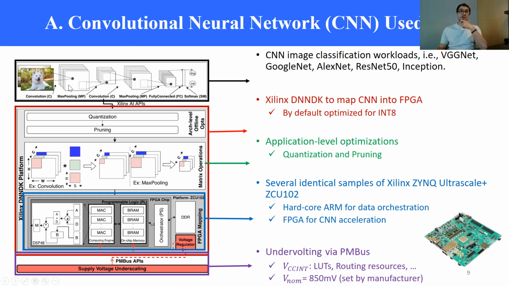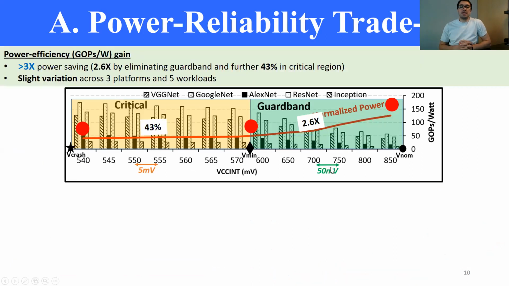They are composed of several different layers like max pooling, convolution, etc. We developed it on the FPGA, applied some application-level optimizations like quantization and pruning, and analyzed its interaction with supply voltage underscaling. We tested this on the Zynq UltraScale+ FPGA, actually three identical samples of it.